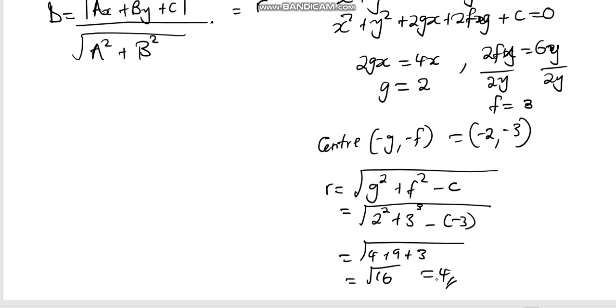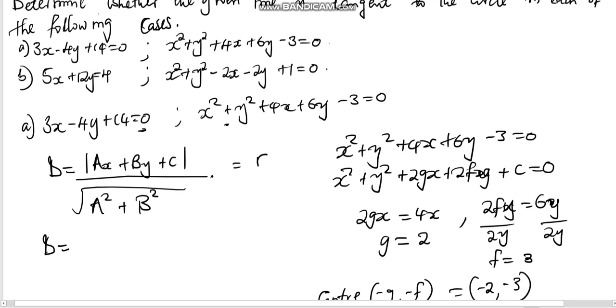So then the distance will be equal to, let me scroll up a bit to show where the a, b, c are going to come from. This is our a, this is our b, and this is our c. Then our x is this coordinate from the center, and our y is this coordinate from the center of the circle.